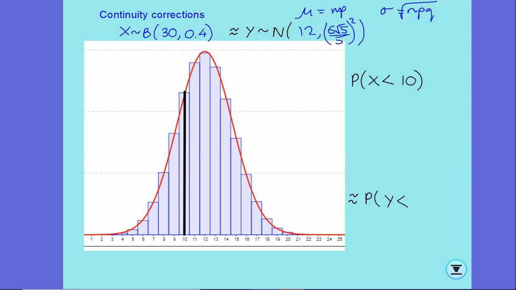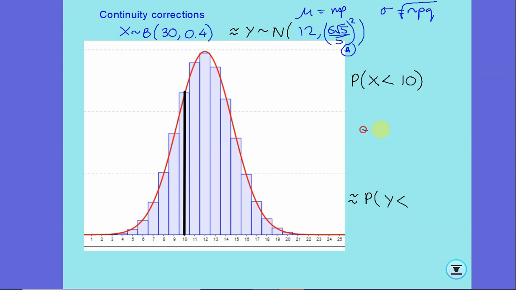I'm going to store that as A, because that often comes in handy. Right, so we want to work out the probability that x is less than 10. Just to remind you, this is the line here, this is the discrete value, this black line, and here's my blue imaginary box around it to help me understand how I can use a normal distribution for a discrete value.